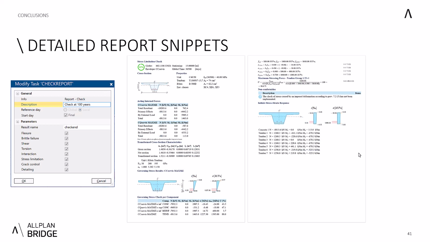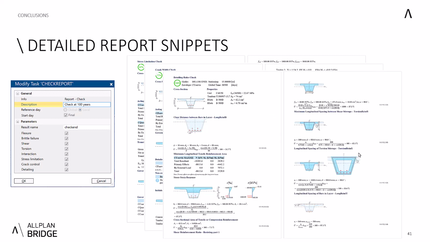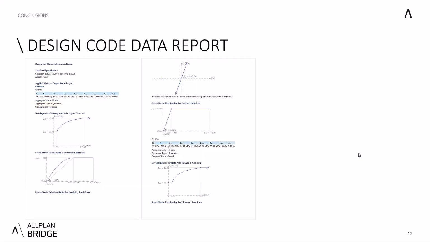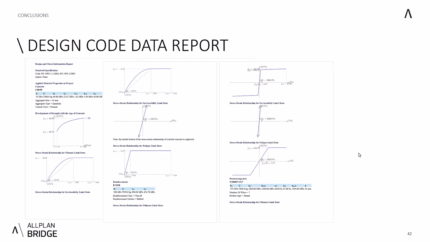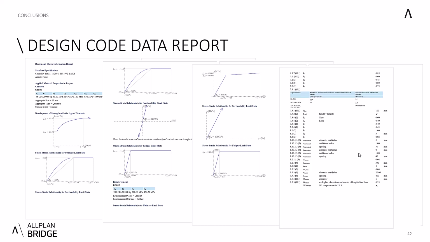Similarly, for SLS assessments, stress limitation check, crack width or decompression check, and detailing rules. Design code data report provides all relevant material parameters, models with assumptions taken from the codes, and parameters valid for the Eurocode, selected national annex or AASHTO code.